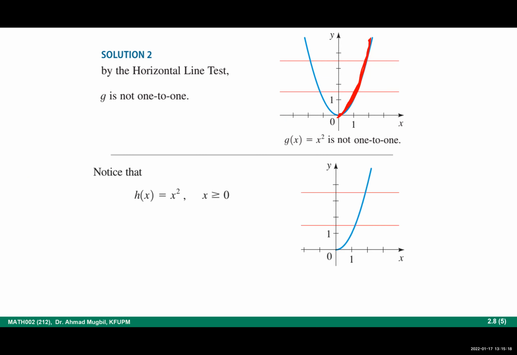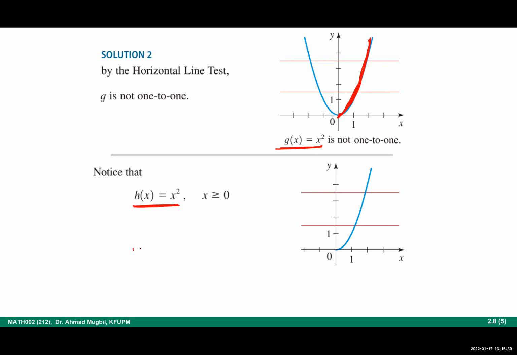If we restrict the domain, it is still a function, by the way. It is a different function. This one is for any x, for all the real numbers. This is only for the non-negative values. So this function h of x equals x squared with x greater than or equal to 0 is one-to-one.